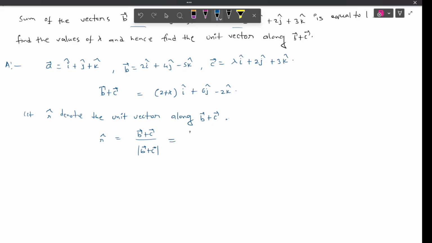So b plus c vector is 2 plus lambda I cap plus 6j cap minus 2k cap divided by modulus of this, that means root under of x square plus y square plus z square. So 2 plus lambda whole square plus 6 square plus minus 2 square.